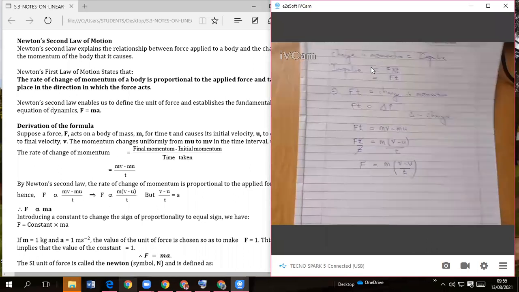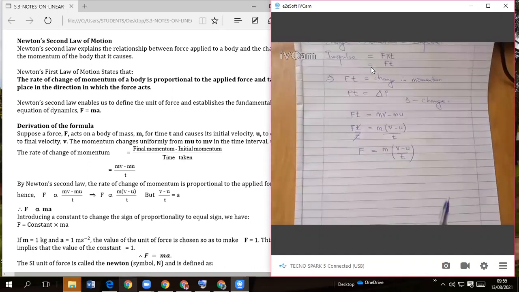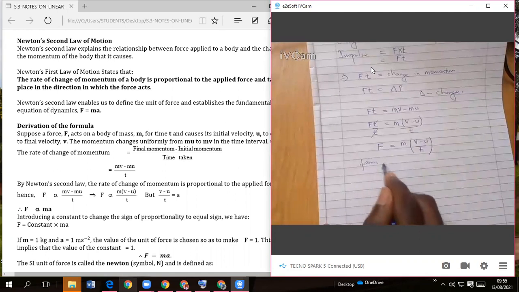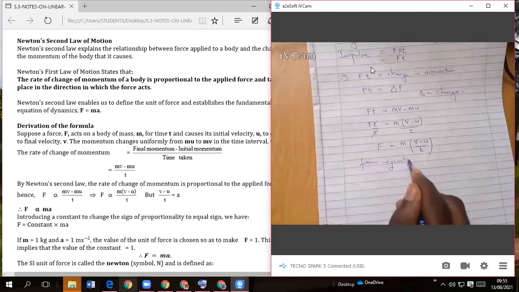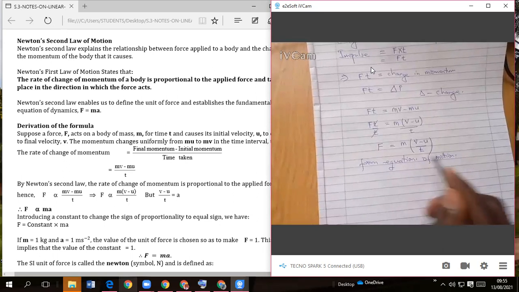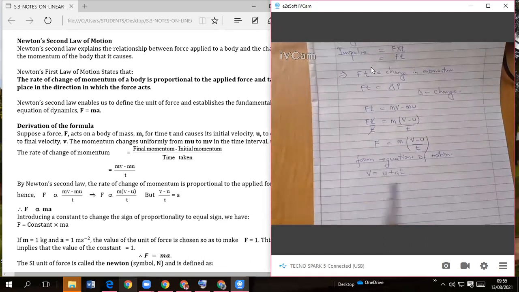From the equations of motion, do you remember something like this? From the first equation of motion, V equals U plus at.